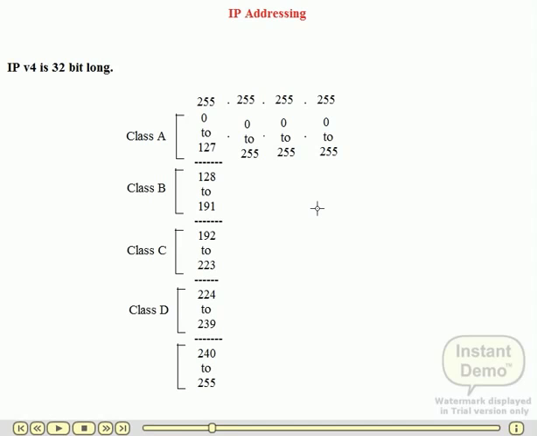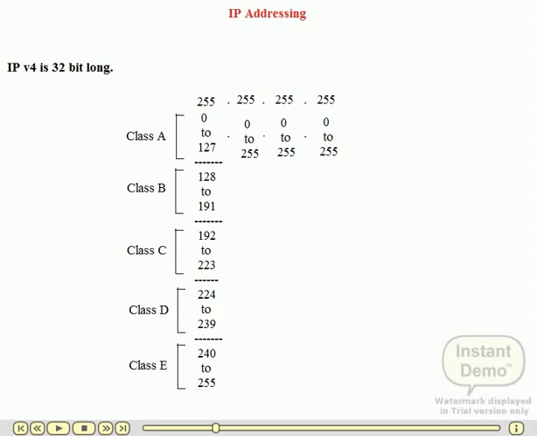Class D is used for the multicasting range. And class E is used for experimental purposes. So finally class A, class B and class C are used in IP addressing, class D is used in multicasting, and class E is used for experimental purposes.